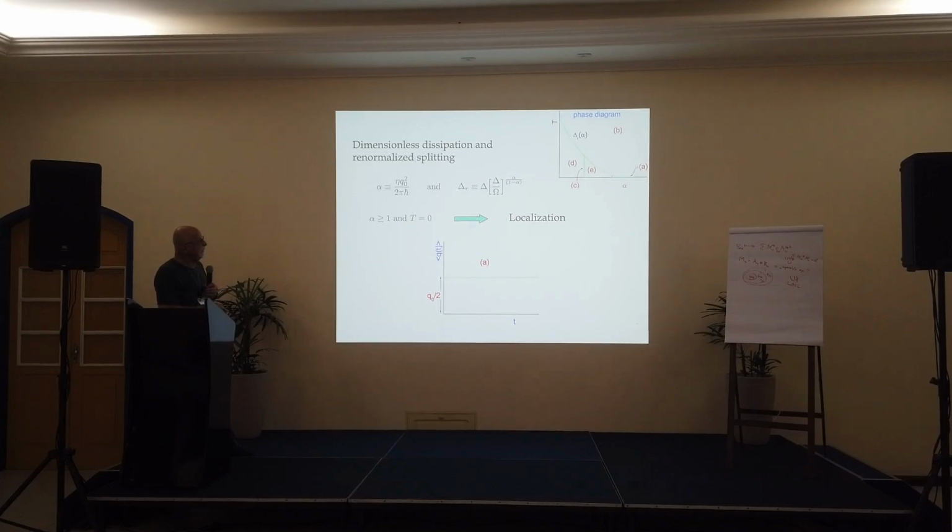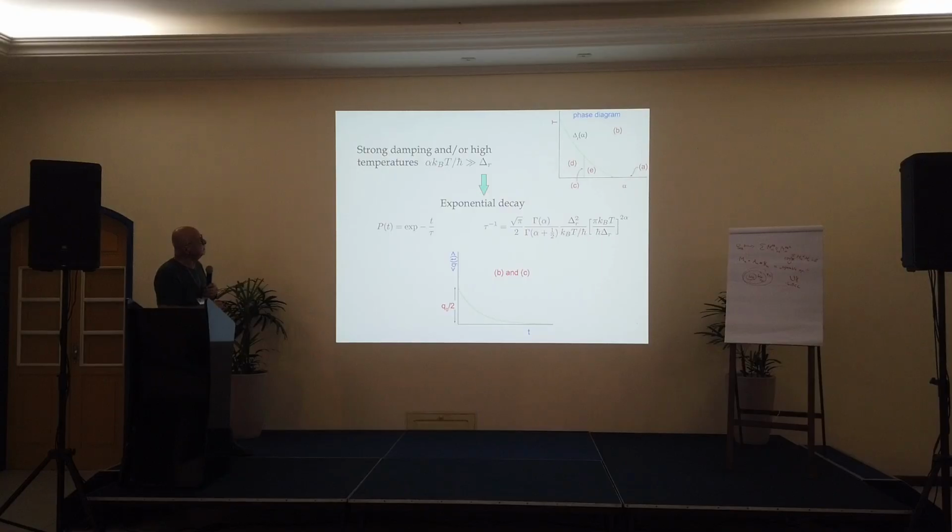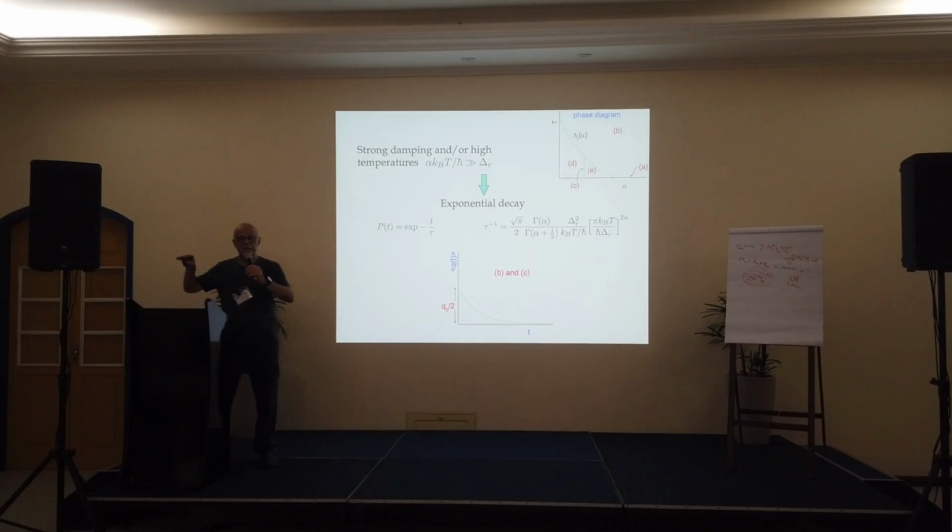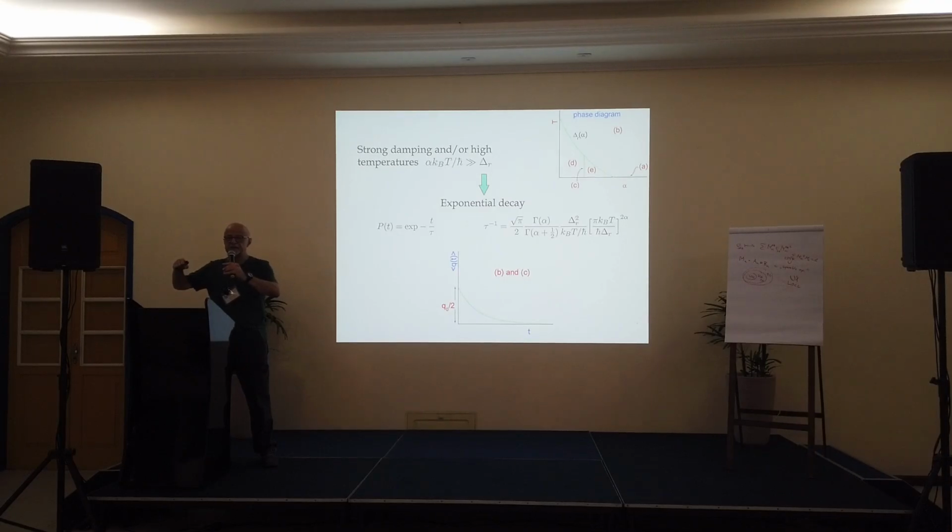Quite interesting. And the second one is the high temperature. For high temperature, this B region, we have a complete exponential decay of my spin. So I put the particle on one side of the barrier, and it just relaxes to half here, half there, exponentially.